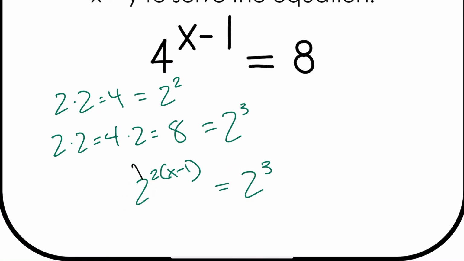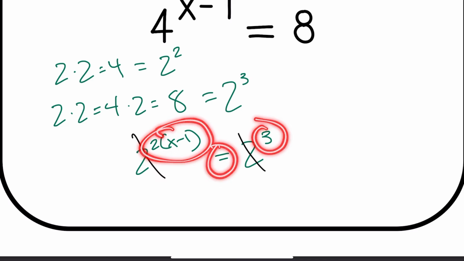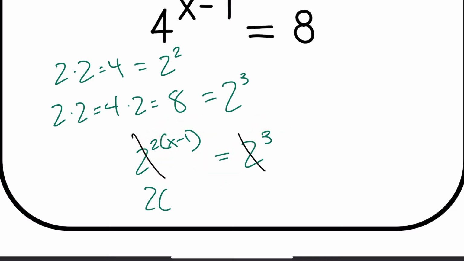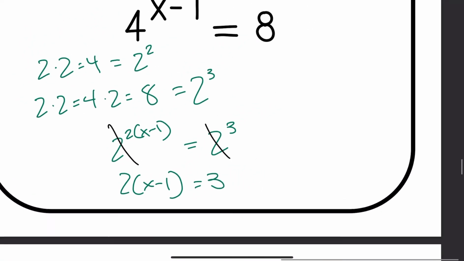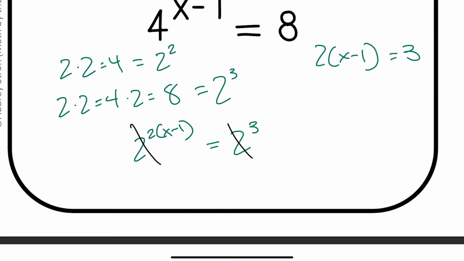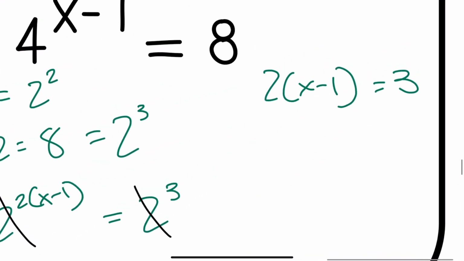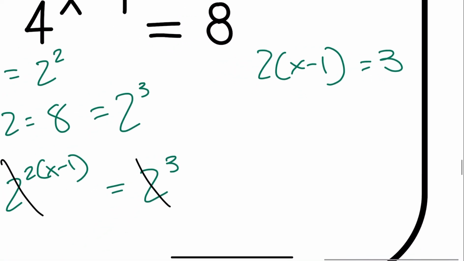So we can just cancel or drop these and rewrite everything we have left. I have this, this, and this. So I'm going to write those in order. I got 2 parentheses x minus 1 equals 3. All right, I kind of ran out of space, so let's move this over here so we can better see what I'm doing. All right, and we just need to solve.